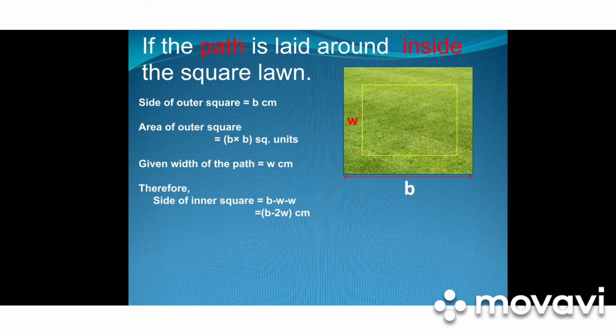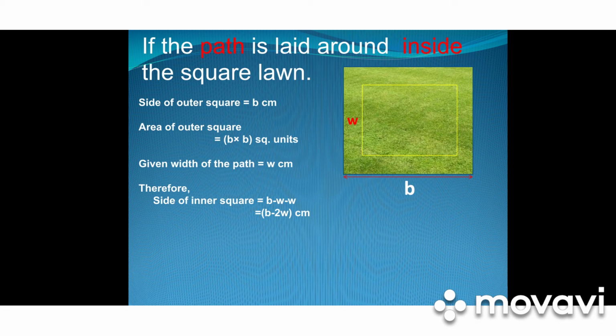Therefore, what about the side of the inner square? The inner square length will be smaller than the outer square. Your outer square length is B centimeters. From that B centimeters, you are taking out the width from the left side and the width from the right side.